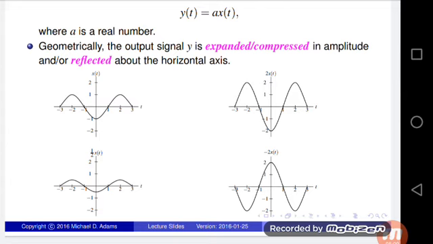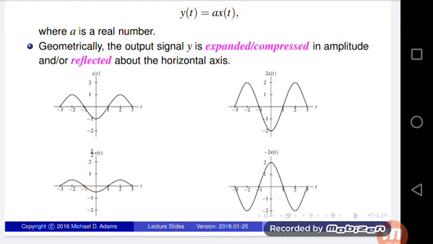We have already seen the signal being expanded and compressed, and next one is reflected. When we change the value to minus 2x of t compared to the upper signal, 2x of t is the positive sign and minus 2x of t is the negative sign. That means, seeing the combined diagram, the signal will be reflected. Why?